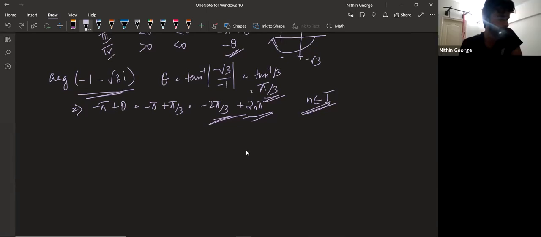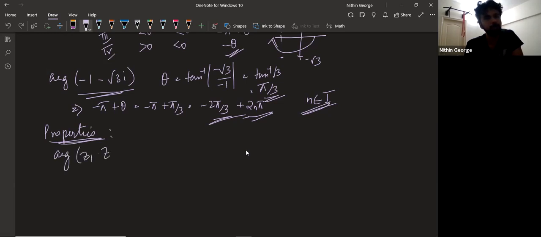All right, we have properties of arguments. Argument of Z1 into Z2 is argument Z1 plus argument Z2. One example we did before was what?